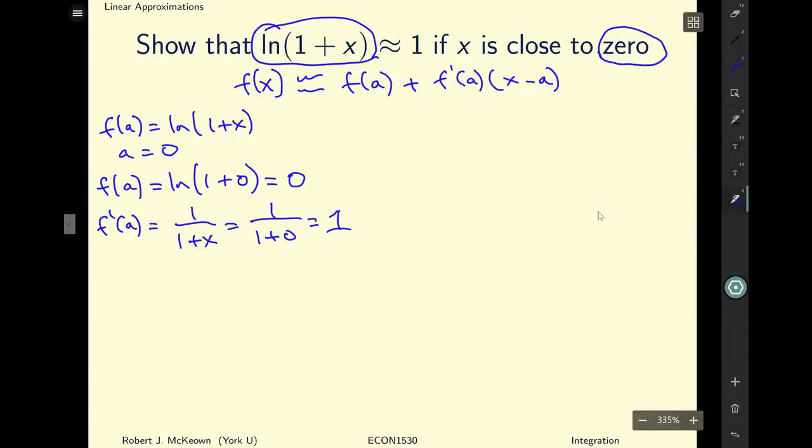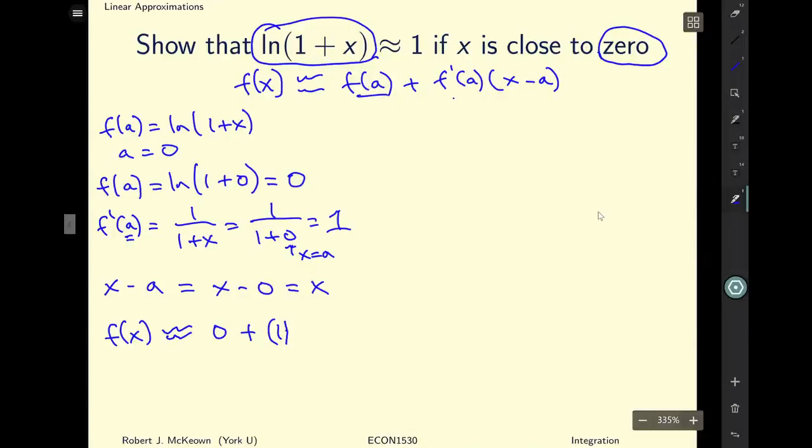And in this case here, just to be clear, x is equal to a. Right? And that's why we have the a right in there. And what's x minus a? That's just equal to x minus 0, which is just going to be equal to x. So now we're ready to put this all together. f of x is approximately equal to 0 plus 1.